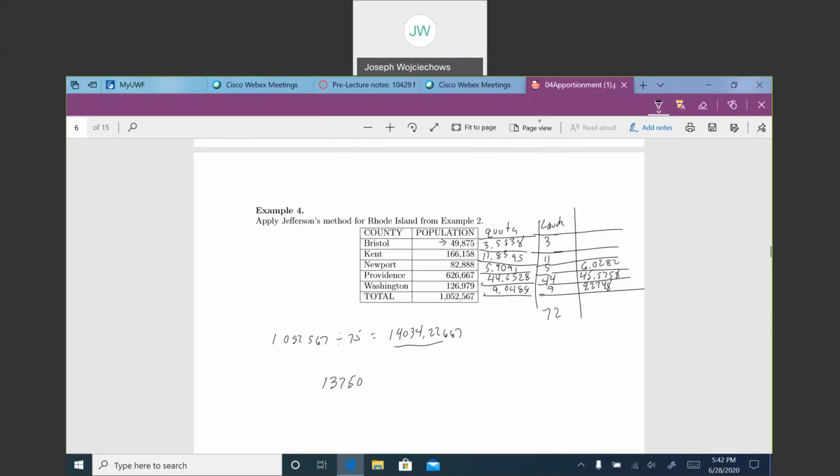And here I get 3.6273. And here I get 12.0842. So here I have 3. This goes to 12. This goes to 6. This goes to 45. And that stays at 9, which gives me 75. So this is my apportionment there.